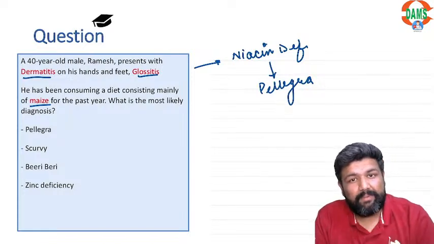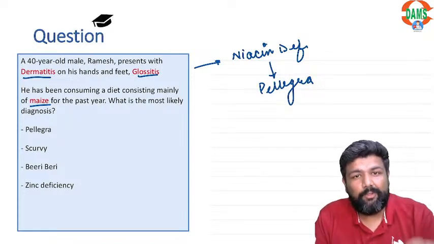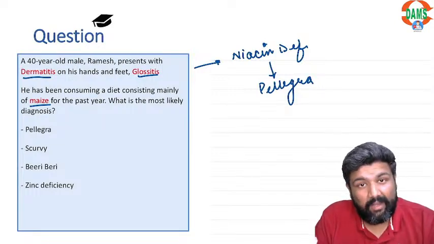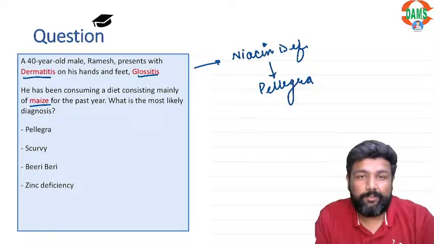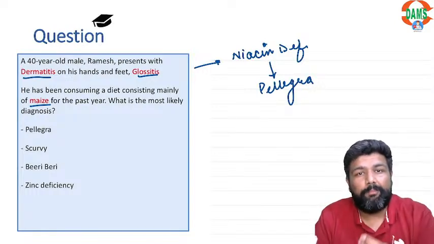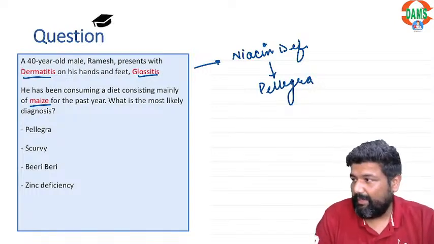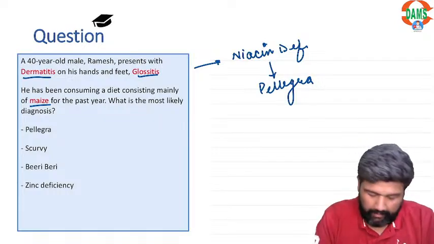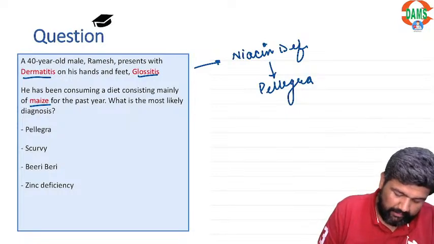Guys, paper is incomplete without pellagra. Last year, NEET-PG 23, 2 questions from one topic. So pellagra, niacin deficiency.